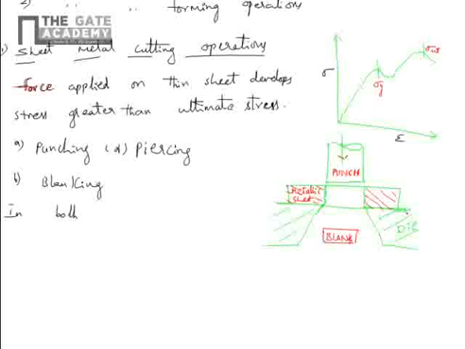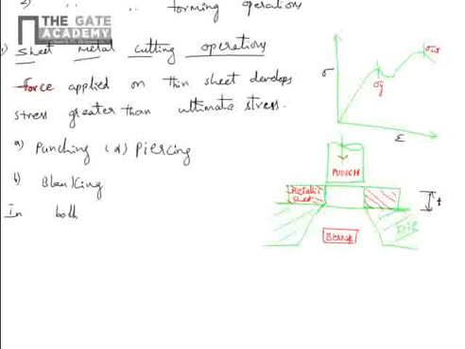Keep the sheet on a die where there is a hole, and apply a force using the punch. The sheet thickness is much more than the clearance between the punch and die.